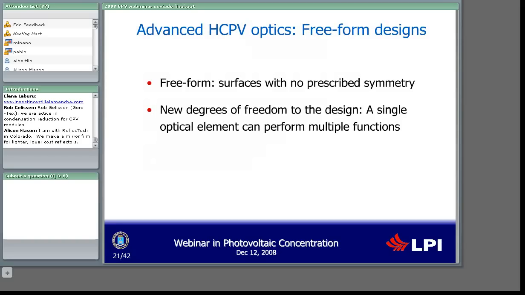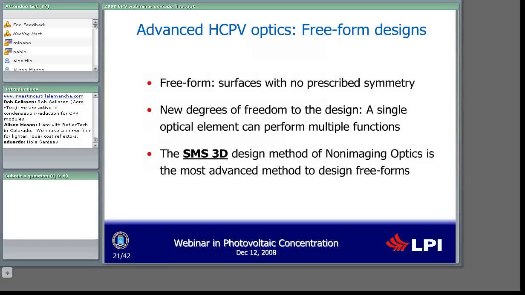This gives you degrees of freedom in the design and allows multiple functions in a single element. The most advanced method in the field of non-imaging optics to design freeforms is the one we work with, which is called the SMS 3D.